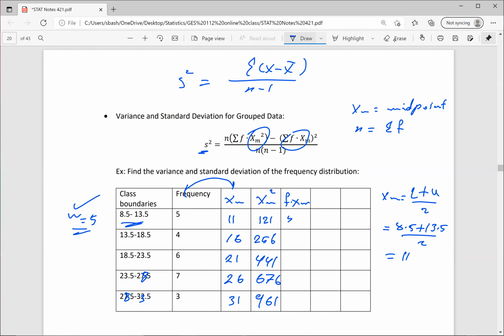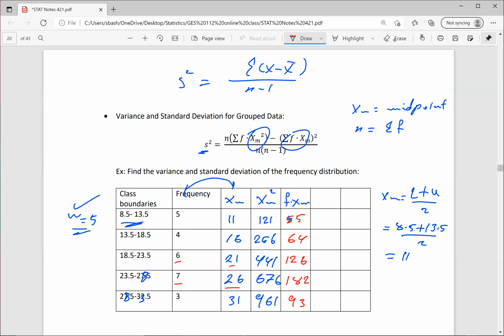Second one, 4 times 16 is 64. 6 multiplied by 21 is 126. 7 times 26 will be 182. And 3 times 31 is 93.